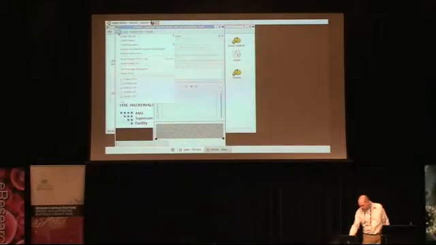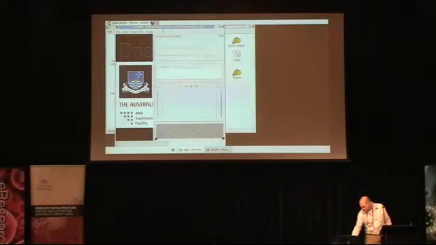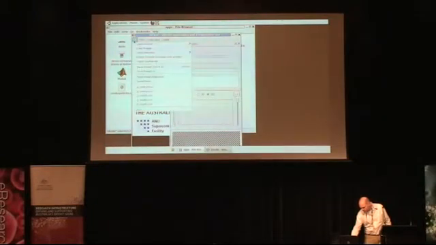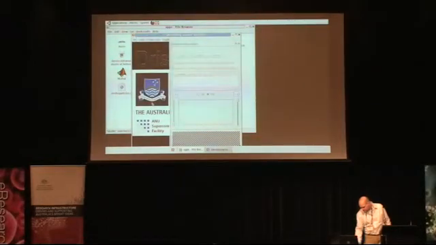And this is Drishti here, produced at ANU, which is quite a good volume rendering application. Could load some data into it.